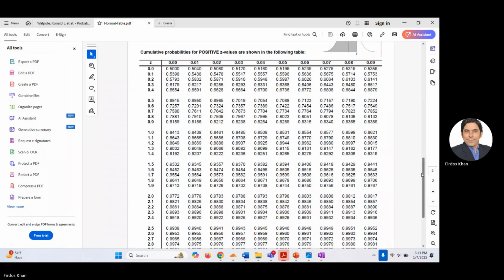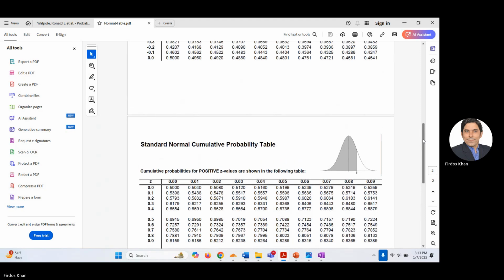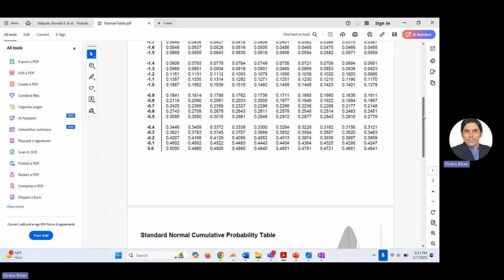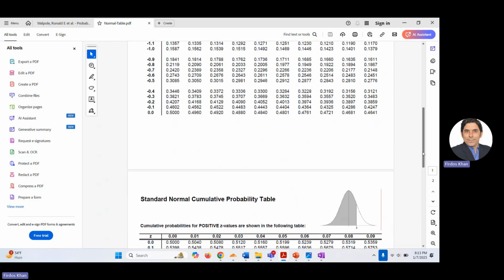You need to find the probability 0.45 in the table.